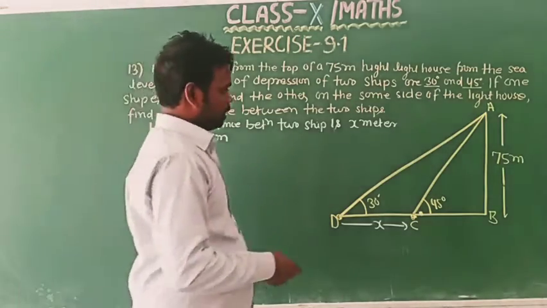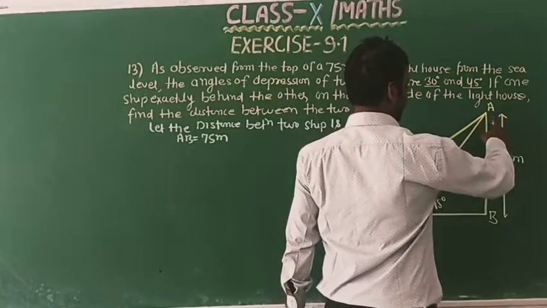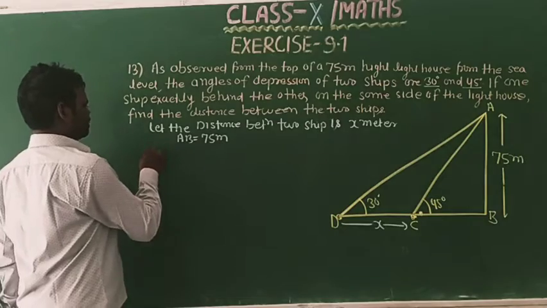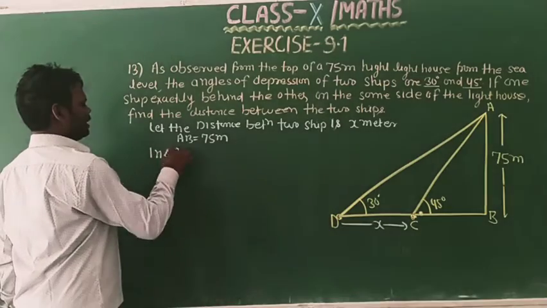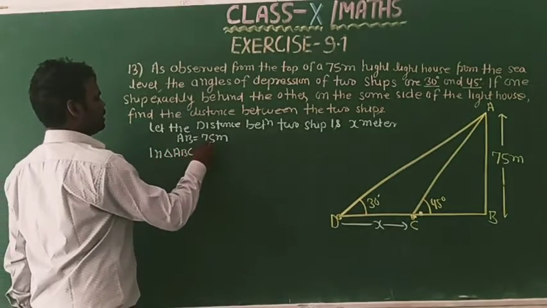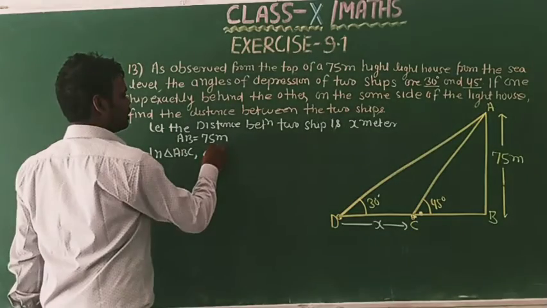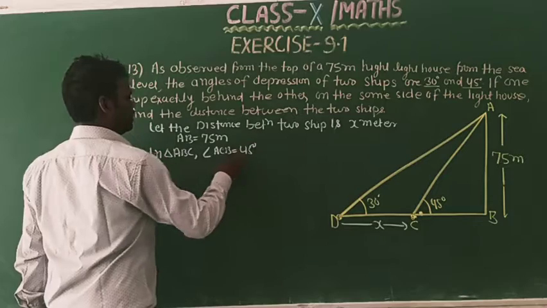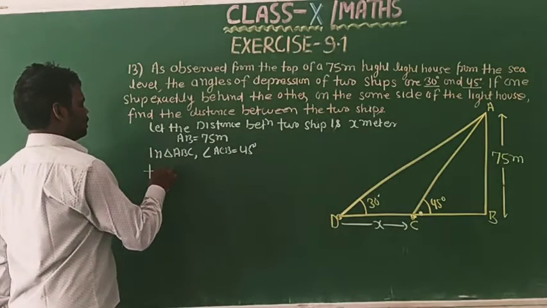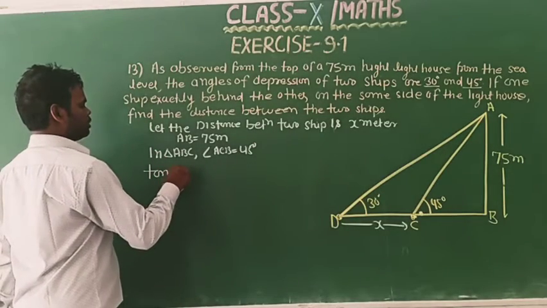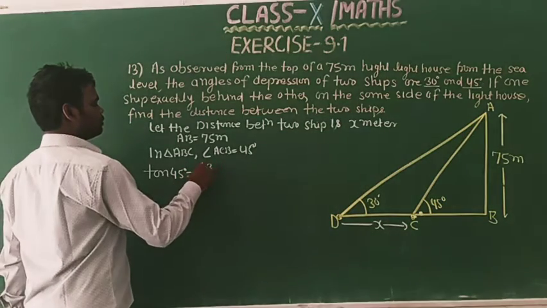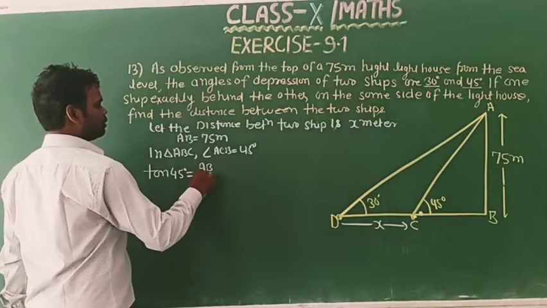Now taking right angle triangle ABC, in right angle triangle ABC, angle ACB is equal to 45 degree. So now using tan ratio, tan 45 degree equal to AB by BC.